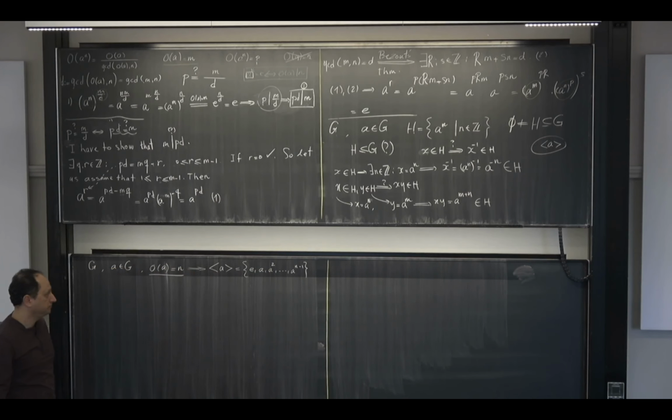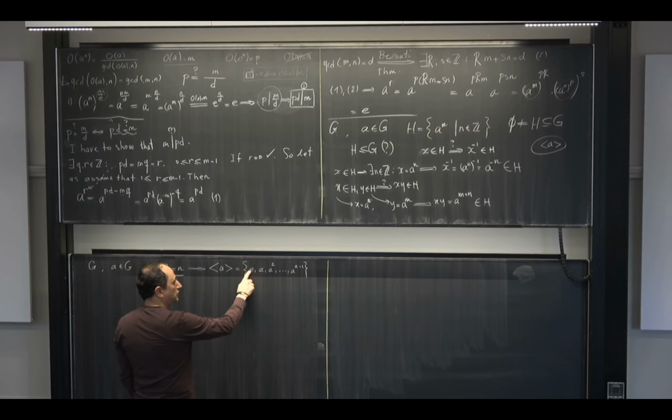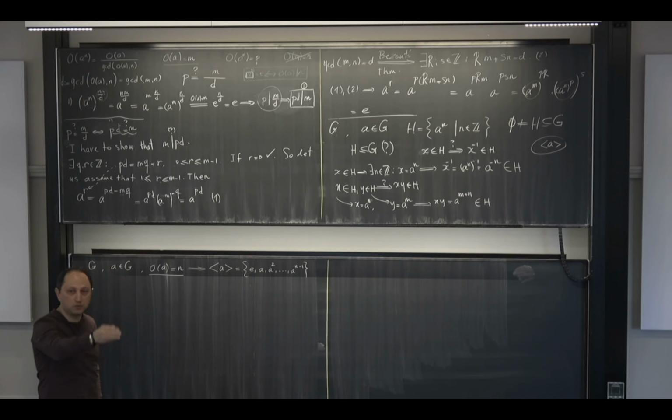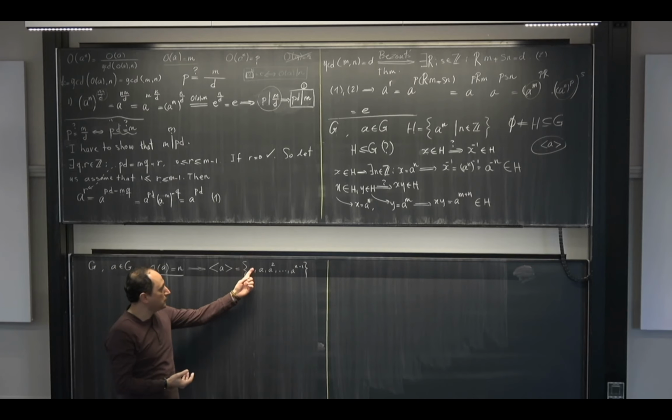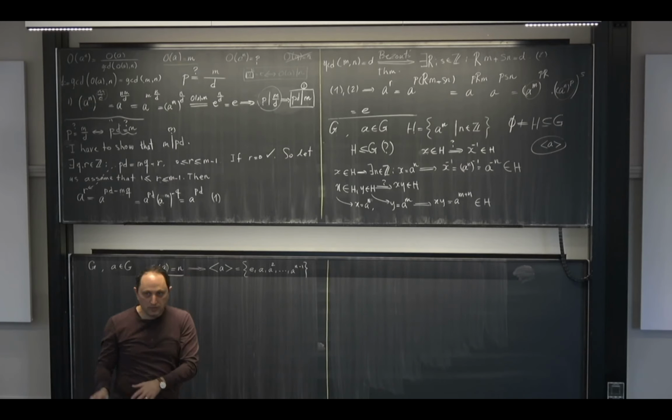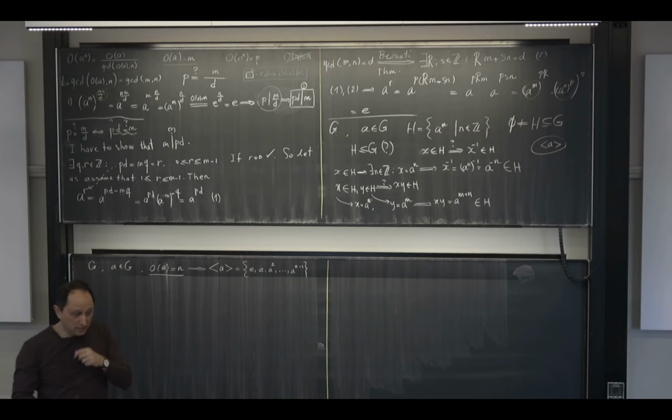Okay? So what is e here? If you want, you can change it with a to the power 0. So you don't need to look at all exponents. You just keep exponents 0, 1, 2 up to n minus 1. The rest of it will repeat these elements again. That's the whole point.